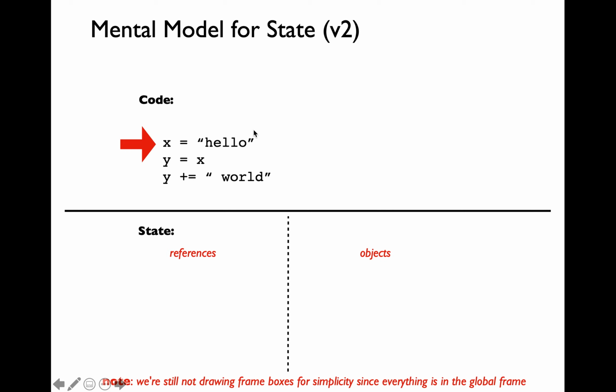Let's go through this code snippet one more time. When we execute line 1, which is stating x equal to string hello, we are creating a string object instance storing the value hello into the heap and adding a reference to that particular string object instance into the variable x.